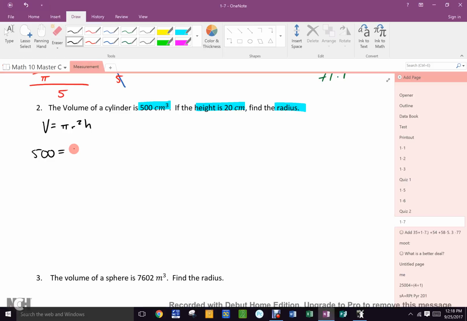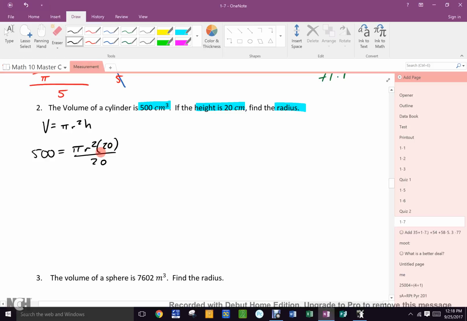Now, what's my job? That was a good one. Whoever said that one, I like that one. We're going to divide by 20 because we want to find r, don't we? And if we divide by 20, we'll get rid of the 20.